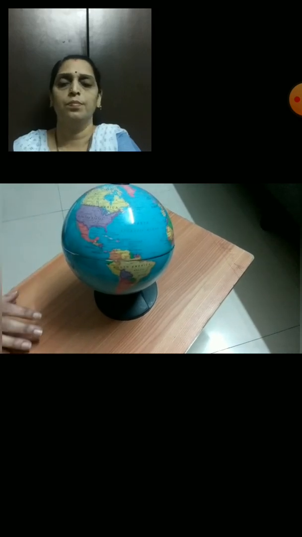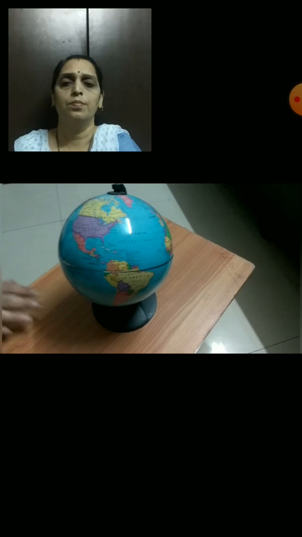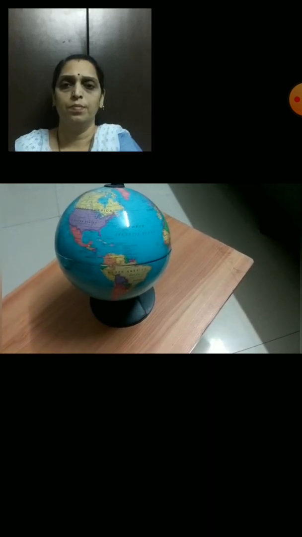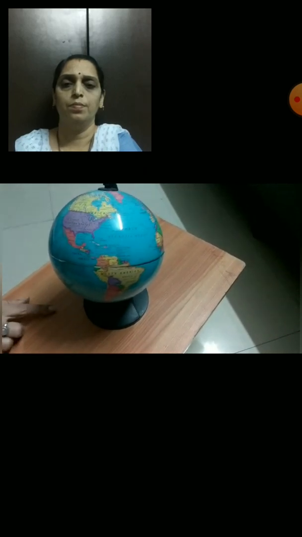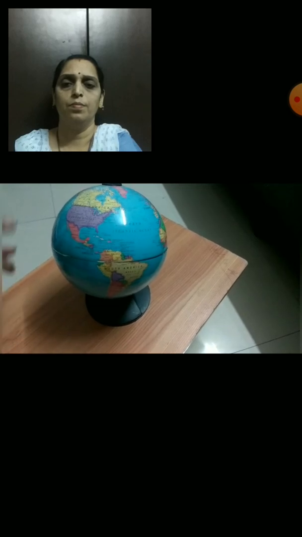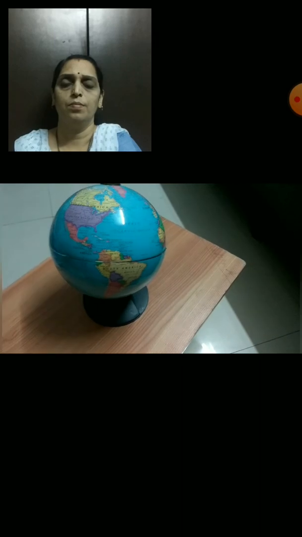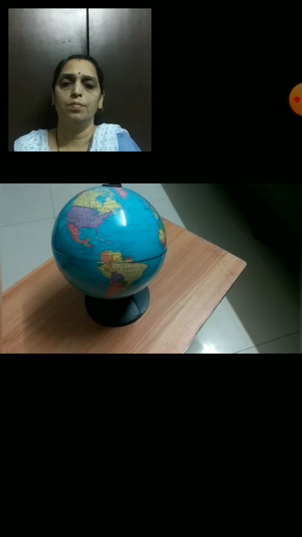It is a three-dimensional device for studying geography. Now, three-dimensional means an object having three dimensions such as length, width and thickness. They are called three-dimensional objects.